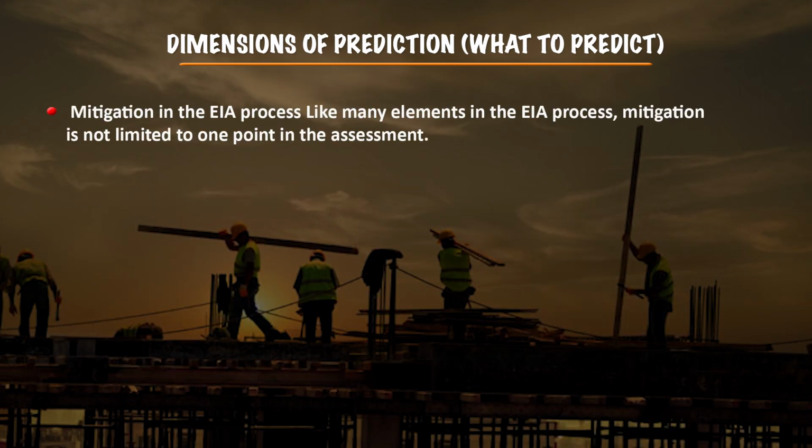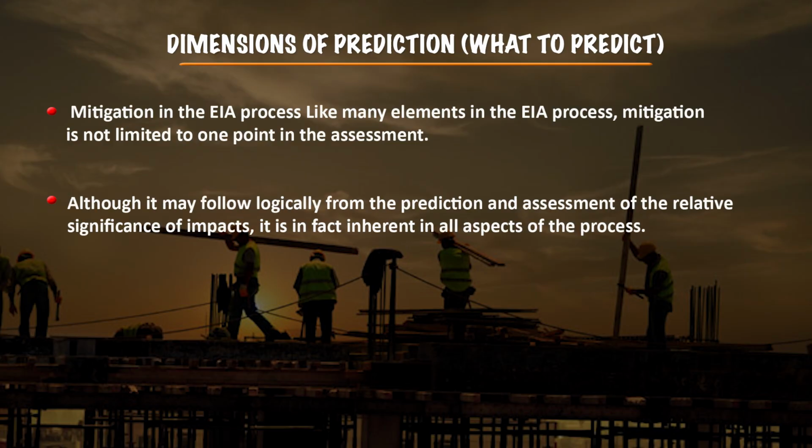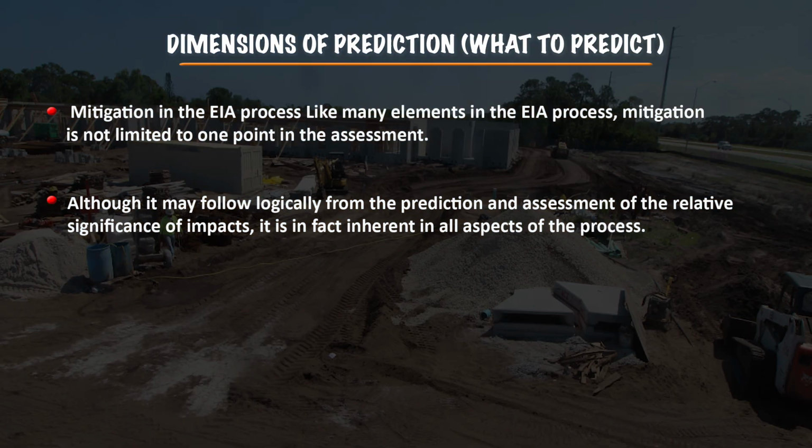Like many elements in the environmental impact assessment, the mitigation process is not limited to one point in the assessment. Even though it follows logically from the prediction and assessment of the relative significance of impacts, it is inherent in all aspects of the process.